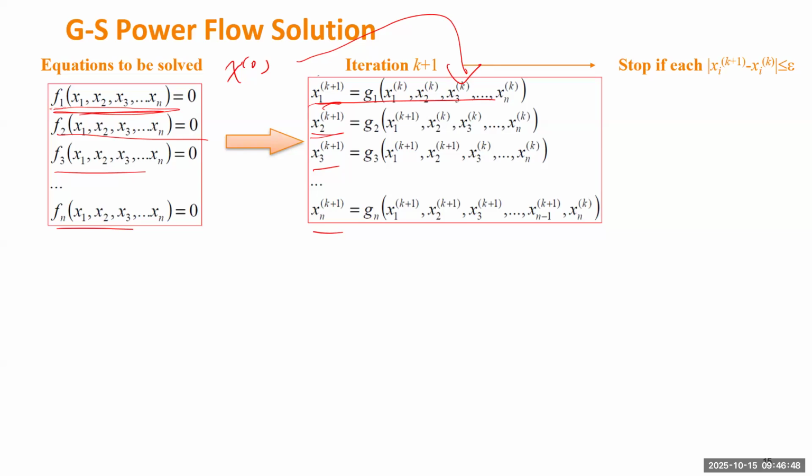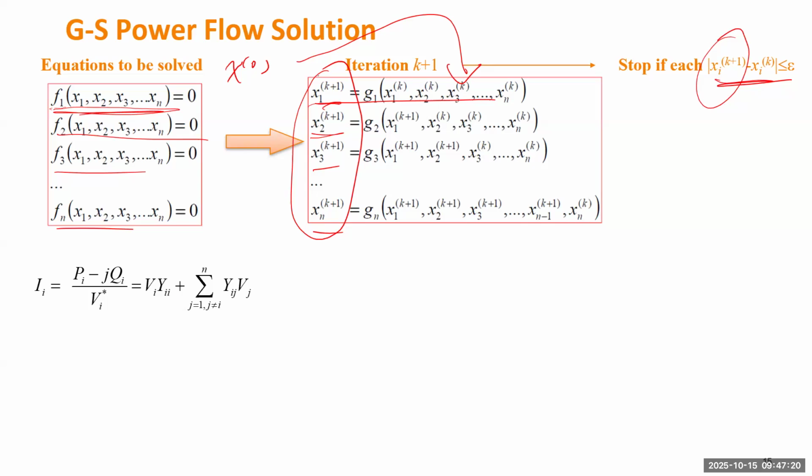We keep doing this. For instance, after k+1 iterations, we have the value of x, and then we check the update compared to the value from the previous iteration. If that update is small enough, we stop here. Then we can just take the value at the k-th iteration as our final solution. So that's the idea of the Gauss-Seidel method. Let's see what equations we have.